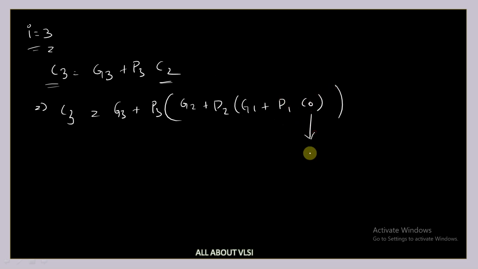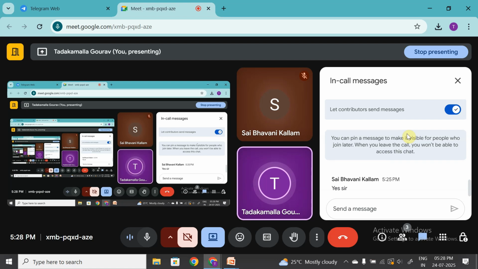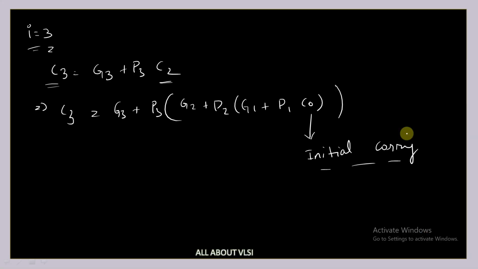So this is also the initial carry. Can you see any dependency upon the previous stage carries? Whether the present stage is anywhere depending upon the previous stages? No. In these equations, we cannot see any dependency. No stage is depending upon the previous stages.